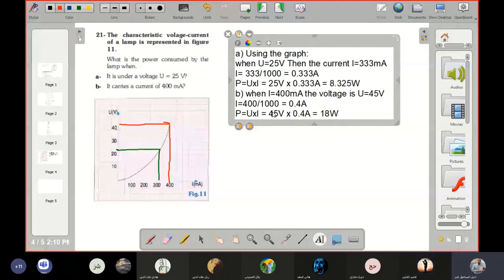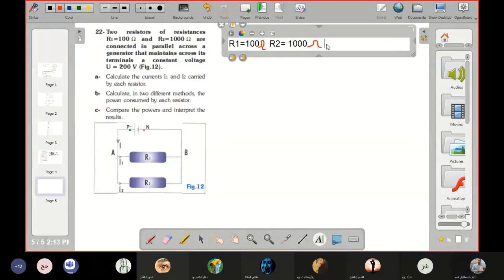This is exercise 21. Fatima Al-Faris. Two resistors of resistance R1 equal 100 ohm and R2 equal 1000 ohm are connected in parallel across a generator that maintains a constant voltage equal to 200 volts.